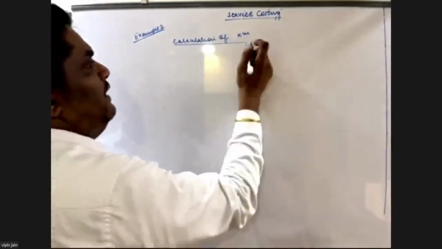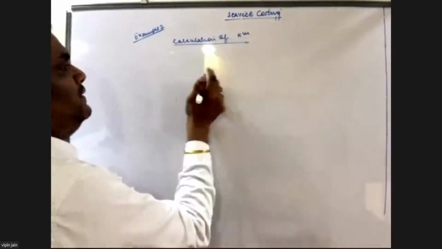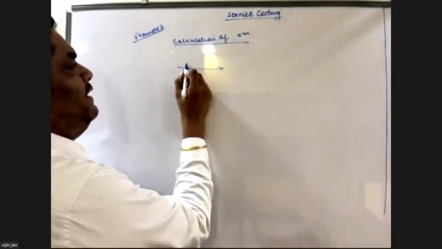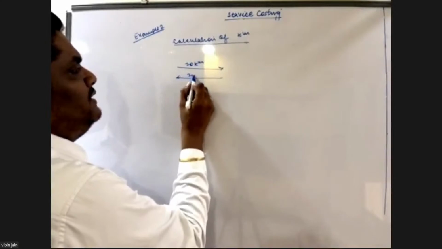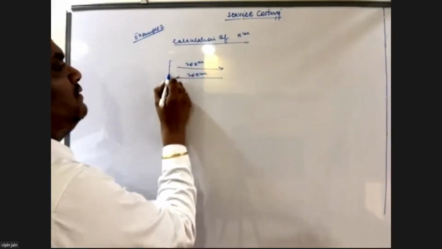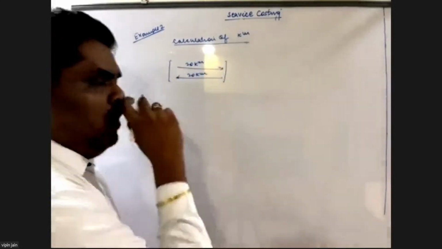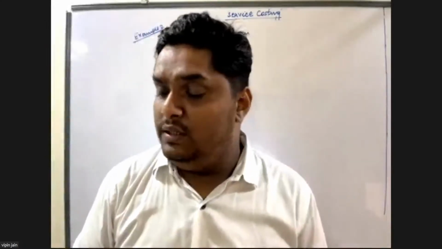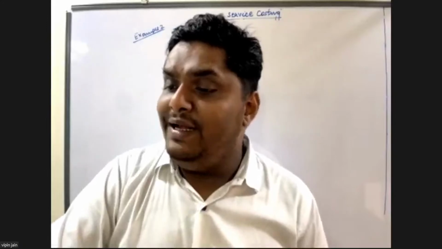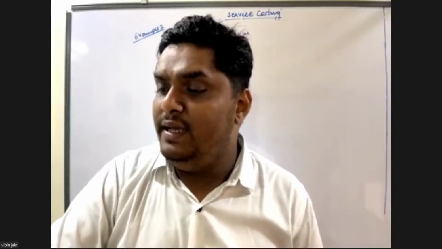So we'll first calculate the distance traveled. The onward journey is for 20 kilometers. The return journey is also for 20 kilometers. So in a particular round trip, the bus is traveling 40 kilometers. Now, how many times is the bus traveling in a day?